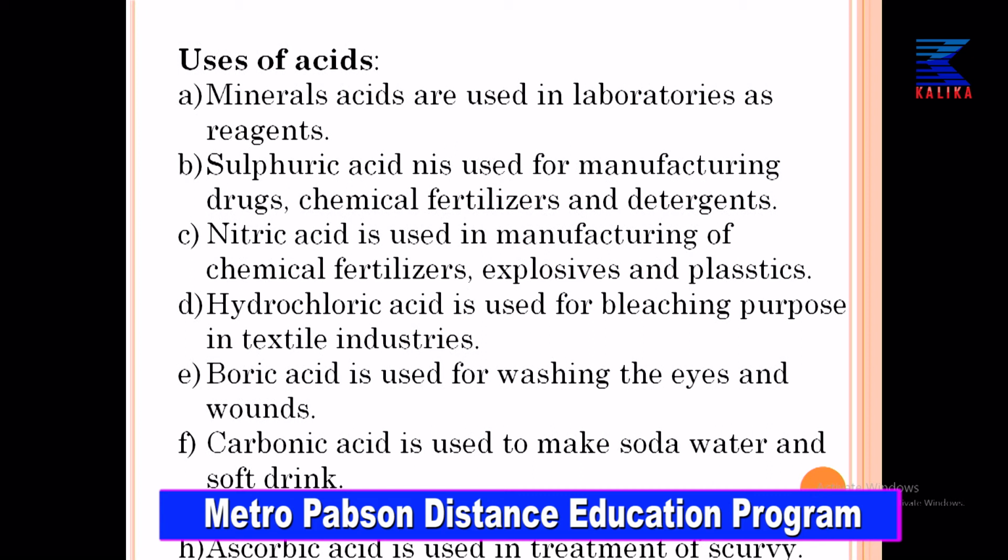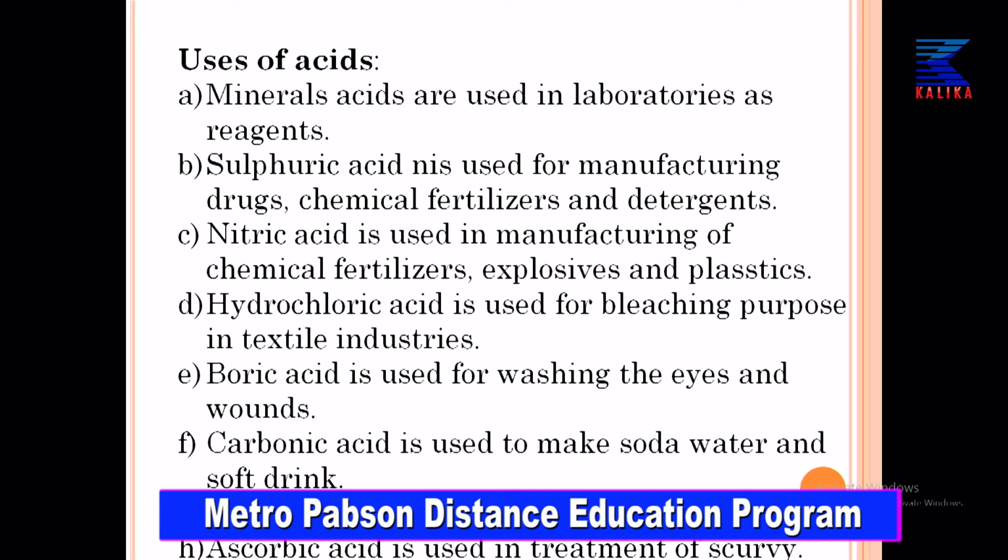Most mineral acids, or we may say all types of acids, are used as laboratory reagents. For doing different types of experiments, we use acids as laboratory and chemical reagents.